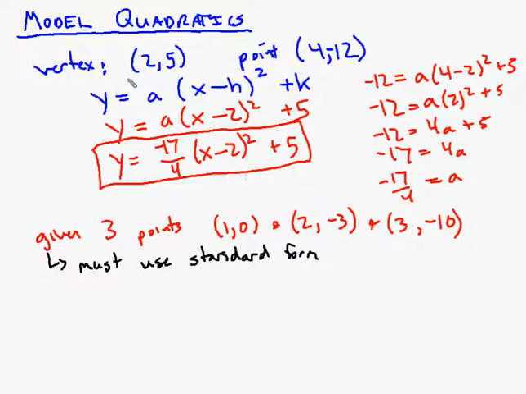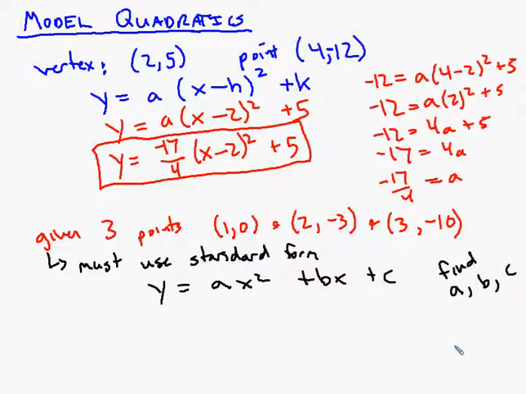Vertex form is way easier because we get our vertex and we can put in a point and figure out our stretch factor. But here, I just don't know anything. I don't know the vertex. I just have these 3 points. So our standard form is y equals ax squared plus bx plus c. And in order to do this, I am going to have to find a, b, and c from all of these x's and y's.